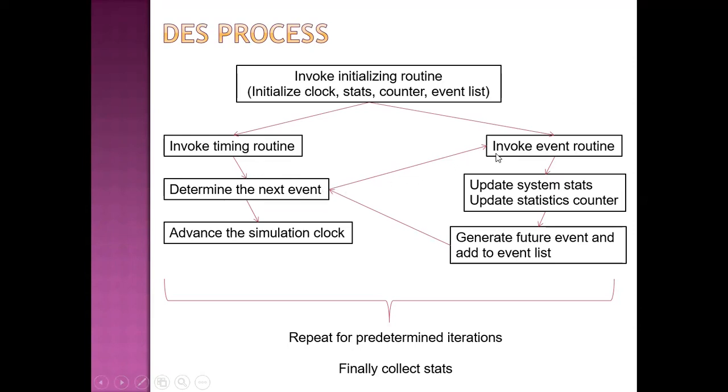Then the event routine is invoked and we update system statistics and the statistics counter. Then we generate a future event and add it to the event list. And then the next event time is determined by the timing routine and this cycle is repeated, and then we finally collect the statistics.